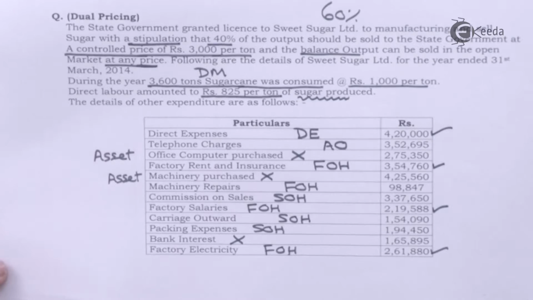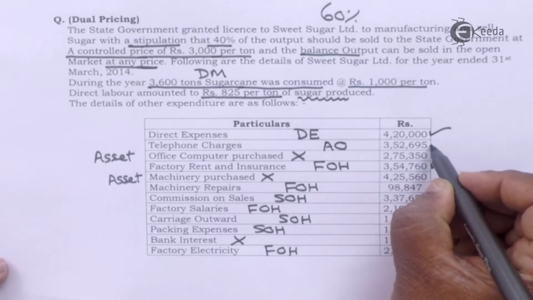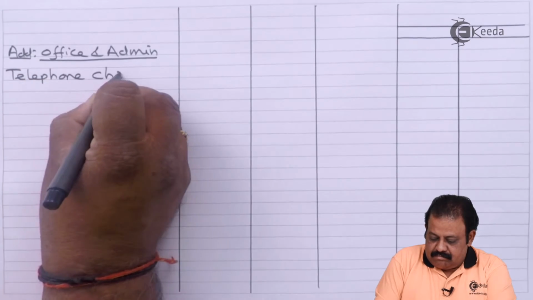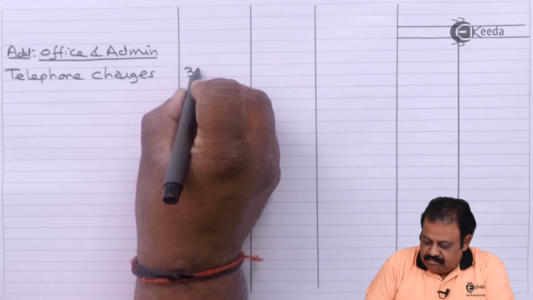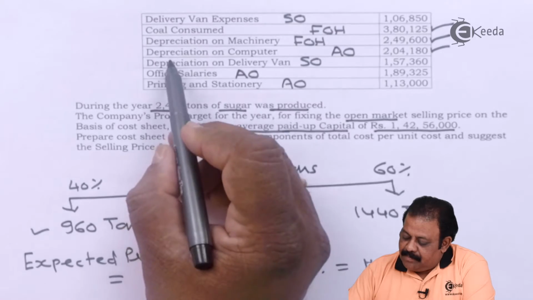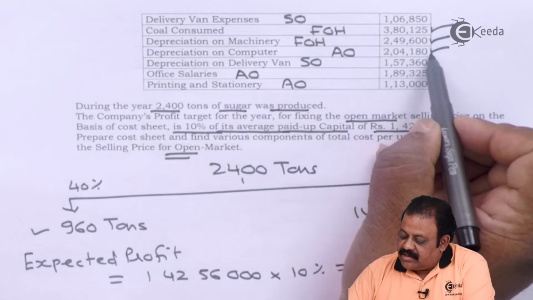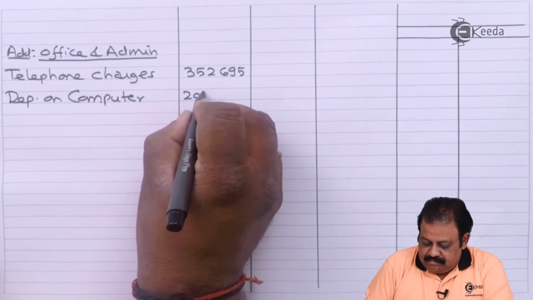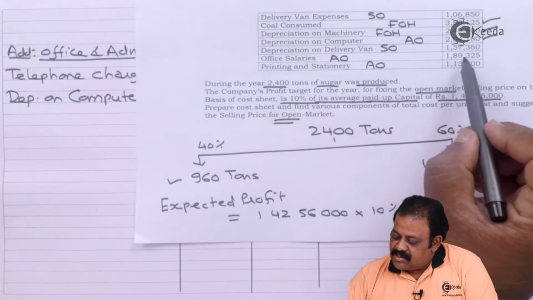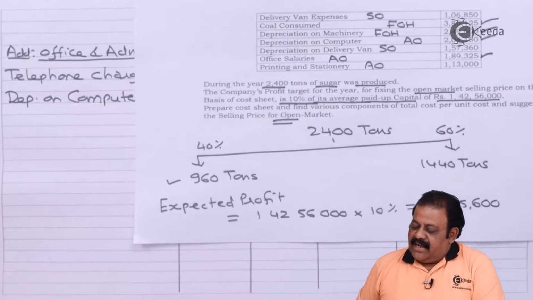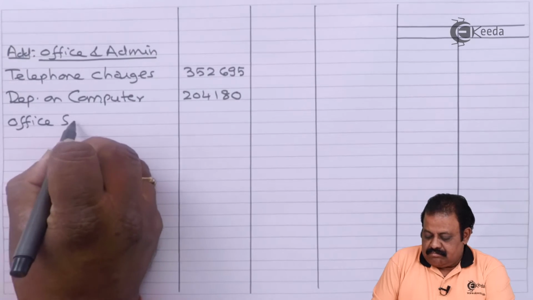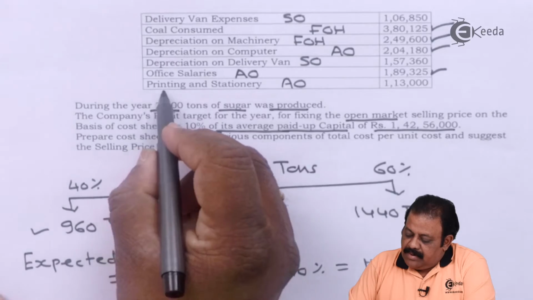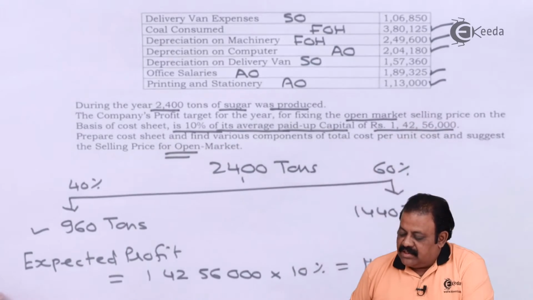Office and administration overheads: telephone charges 3,52,695. Depreciation on computer 2,04,180. Office salaries 1,89,325. Printing and stationery 1,13,000.